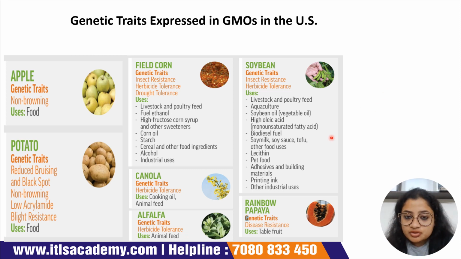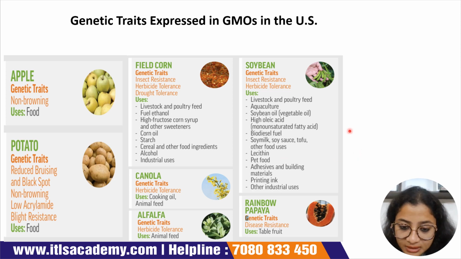Then we have soybean. Soybean is a very important source of protein for vegetarians. The genetic traits will be insect resistance and herbicide tolerance. Uses will be livestock and poultry feed, aquaculture, and soybean oil, which is a healthy source of vegetable oil. High oleic acid is there, which is a MUFA, monounsaturated fatty acid.